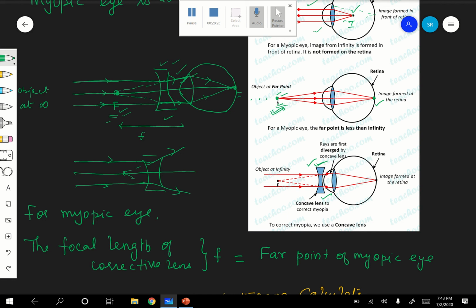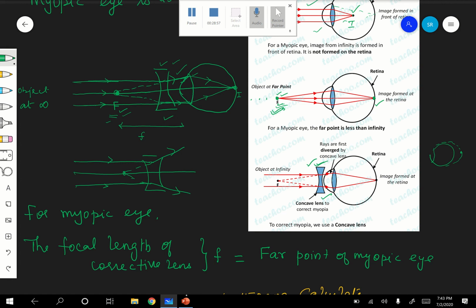Number one, increase in the size of the eyeball. See, the eyeball size is increased. If the eyeball size is increased, what will happen? The actual size is like this, and if it is slightly increased, then the retina has gone behind from the normal position here.